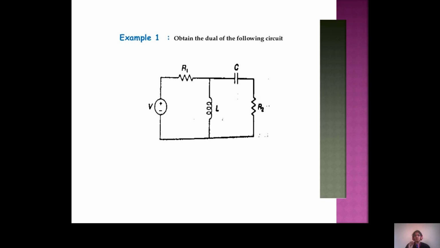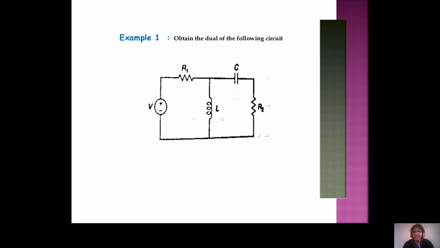First you have to observe how many loops there are. So we put the dots for each loop. Here there are two loops. You put one dot in the first loop, one dot in the second loop, and one reference outside.